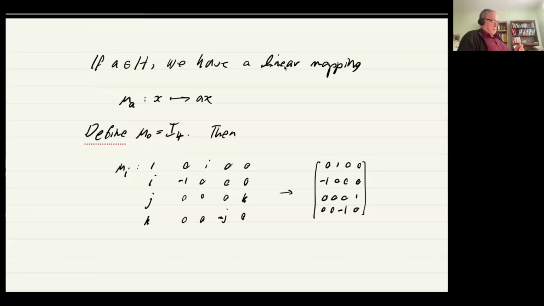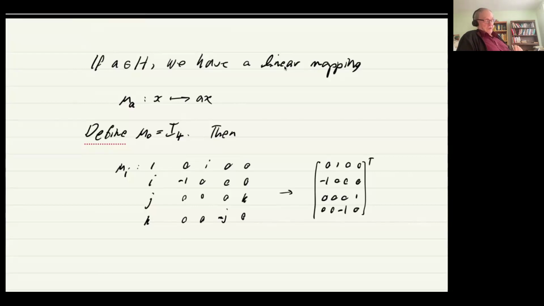I didn't bother with the transpose. I probably should have. Technically, it's the transpose of this. Oh well, I can fix that. So this is the matrix that represents multiplication by i.